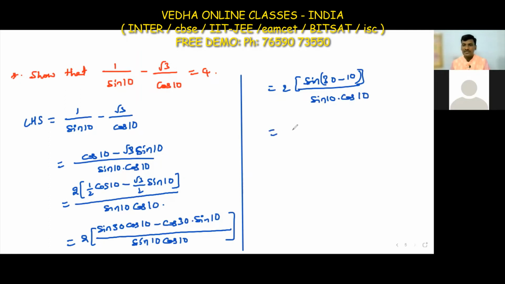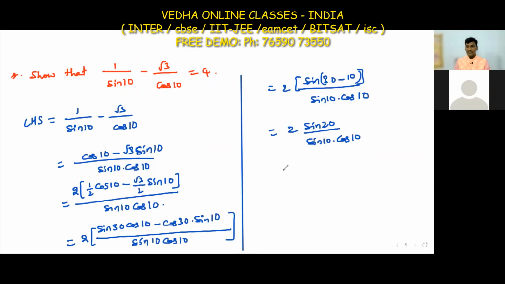This is equal to 2 into sin of 30 minus 10, that is 20. So 2 sin 20 divided by sin 10 into cos 10.